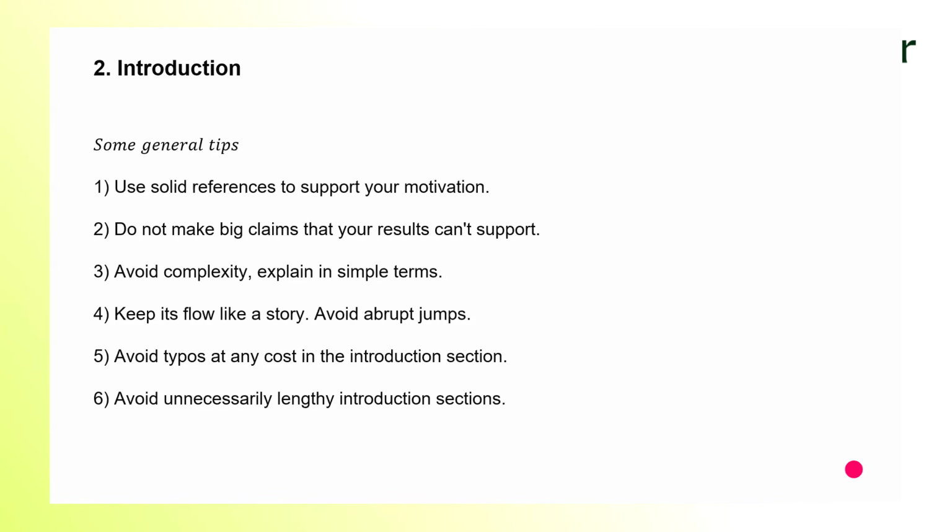What I mean by solid references is that sometimes people put weak references. What could be a weak reference? A weak reference could be if you cite something from a very unknown journal, or from a very unknown conference, or you put a link of a website. Oftentimes, depending upon the domain, but at least where I come from, we do not like references to blogs or to websites.